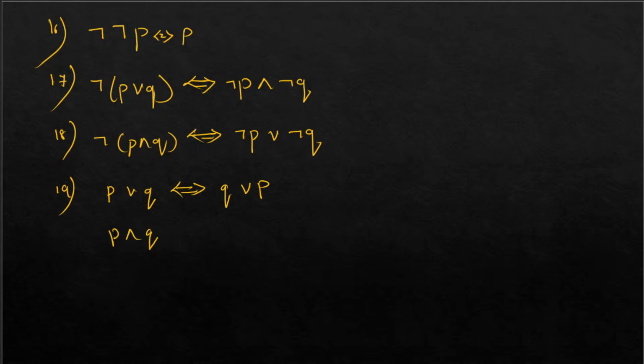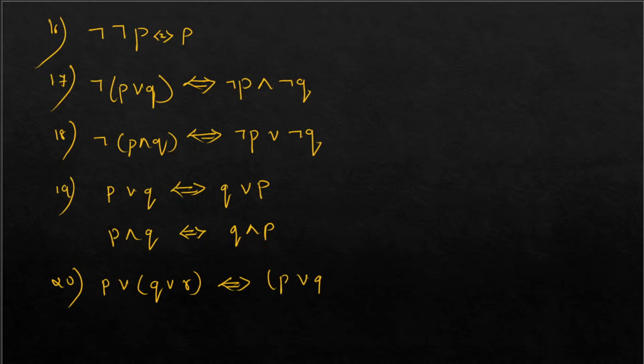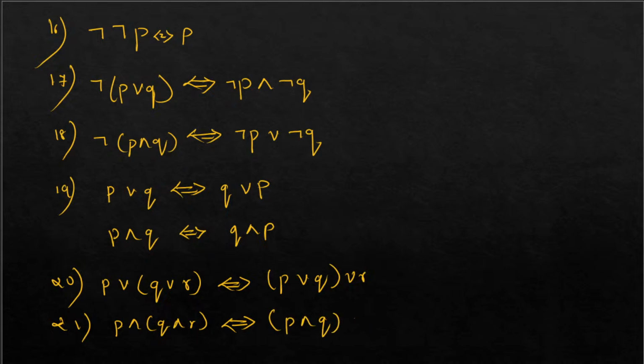After that, p and q is equivalent to q and p. It also follows the associative law: p or q or r is equivalent to p or q or r. And the 21st is p and q or r, which is equivalent to p and q or p and r. So this is the distributive law.